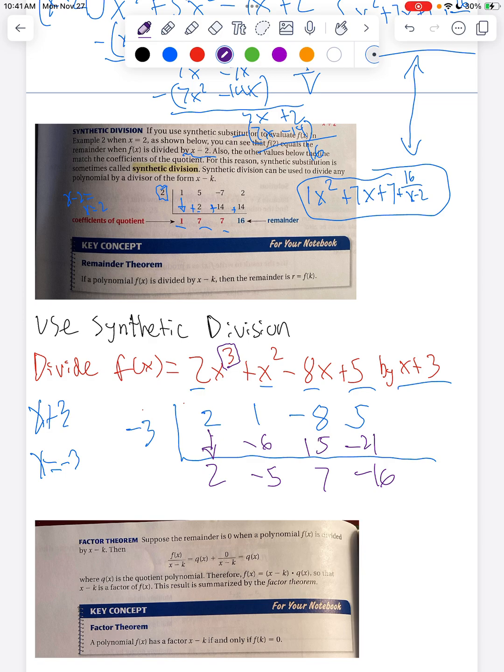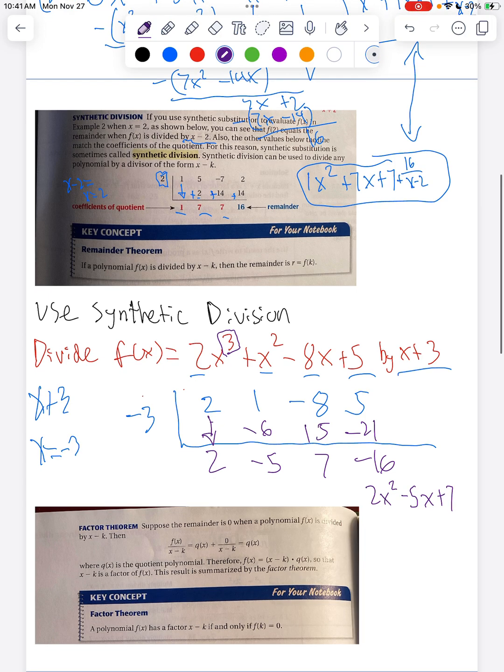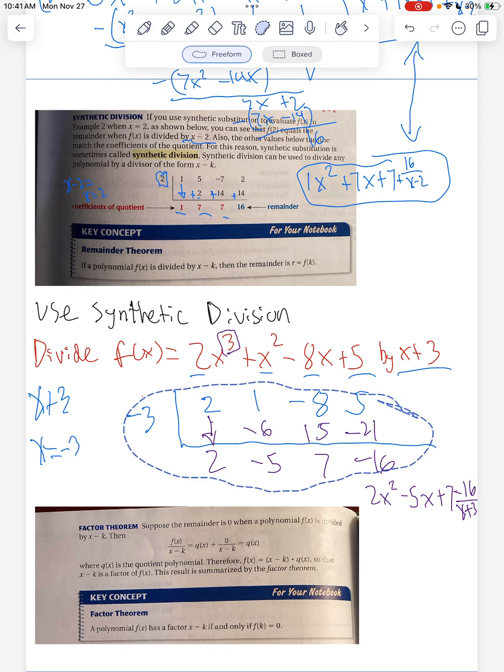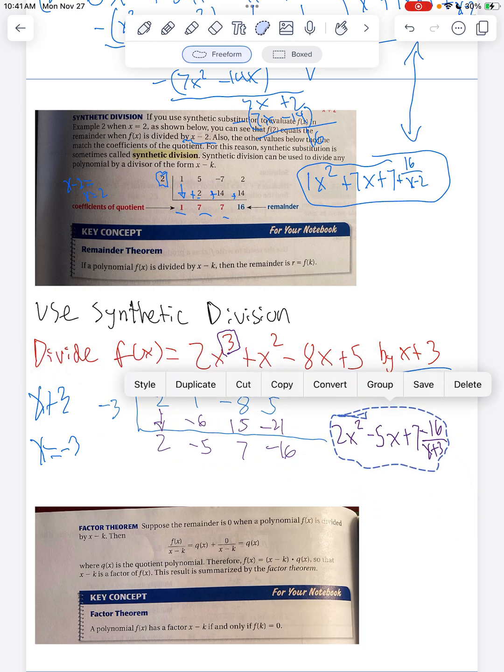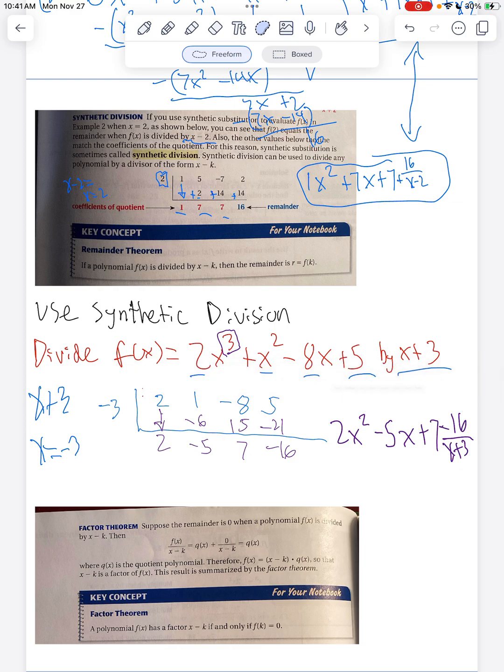So I'm going to say 2x squared minus 5x plus 7. And then my remainder is negative 16 over x plus 3. Kind of got a little smushed there. Let's make it a little bit easier to read.